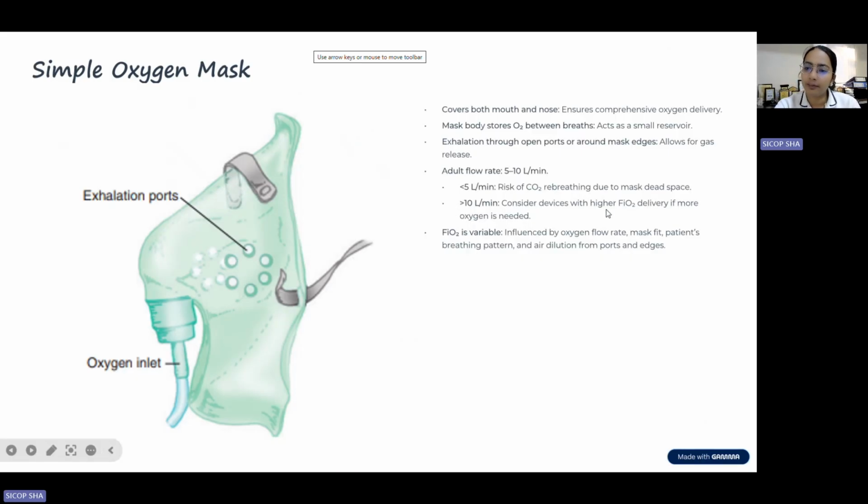At more than 10 liters per minute, consider devices with a higher FiO2 delivery range. This device is not made to deliver more than 10 liters per minute. FiO2 here again is variable because the edges of the mask might not fit snugly with the skin of your face, so there will be certain mixing and dilution of the air from the port and from the edges.